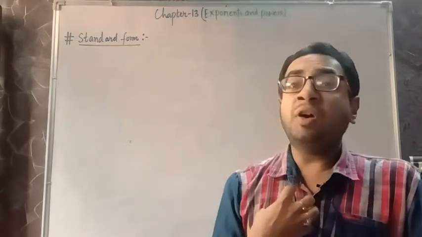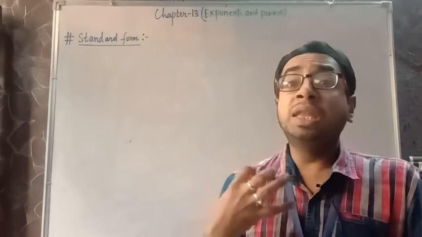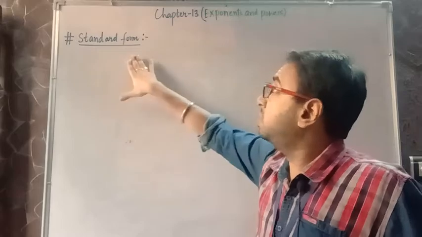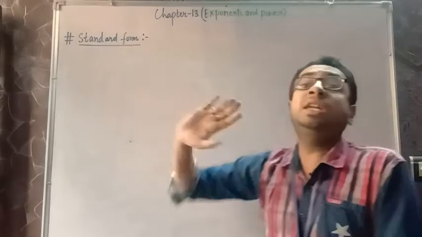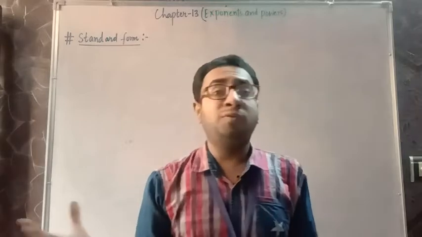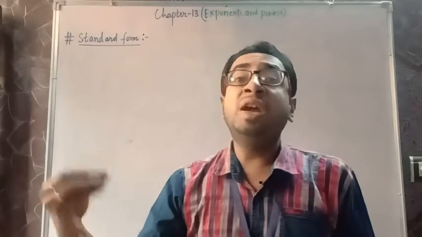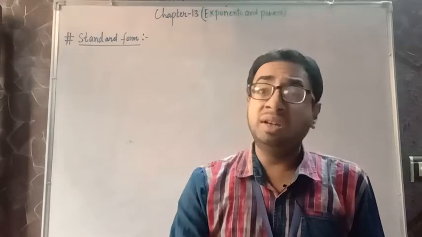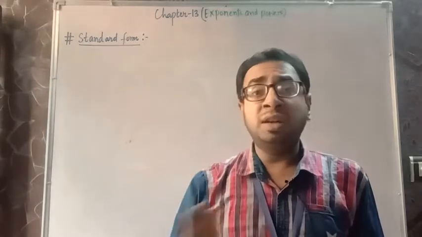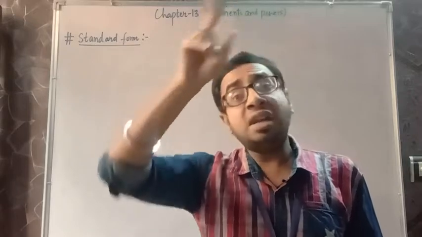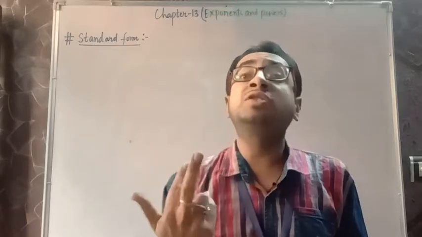Standard basically for us means the standard of living, the comfort that I am going to have in my life. Similarly, the standard form here means the comfortable form of representation. If we are representing exponential form in any form, what is the way of representing that? I gave you the example of the desert, where the temperature is high, the scorching heat adds up and things are against your standard.